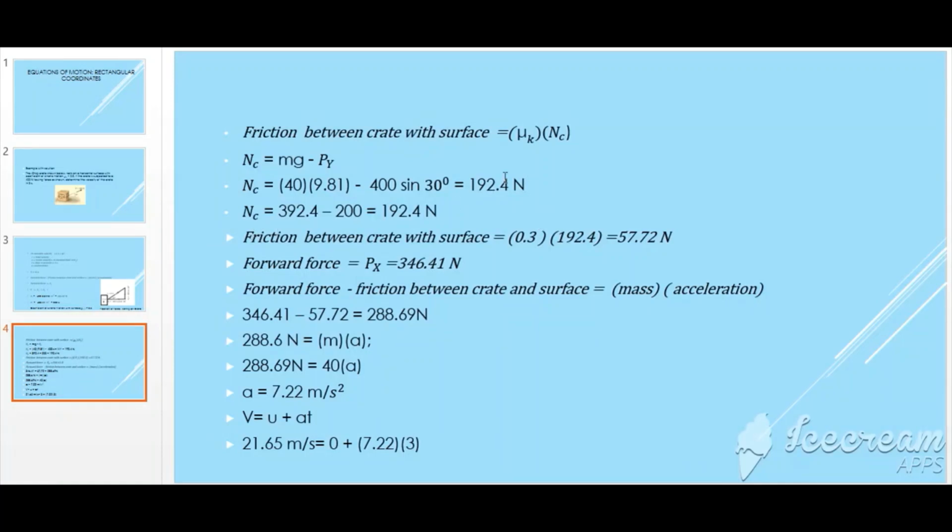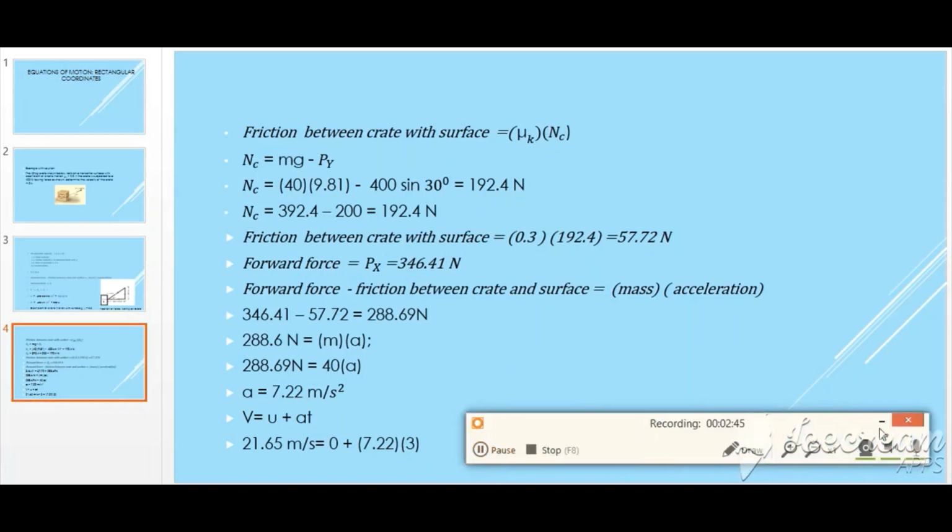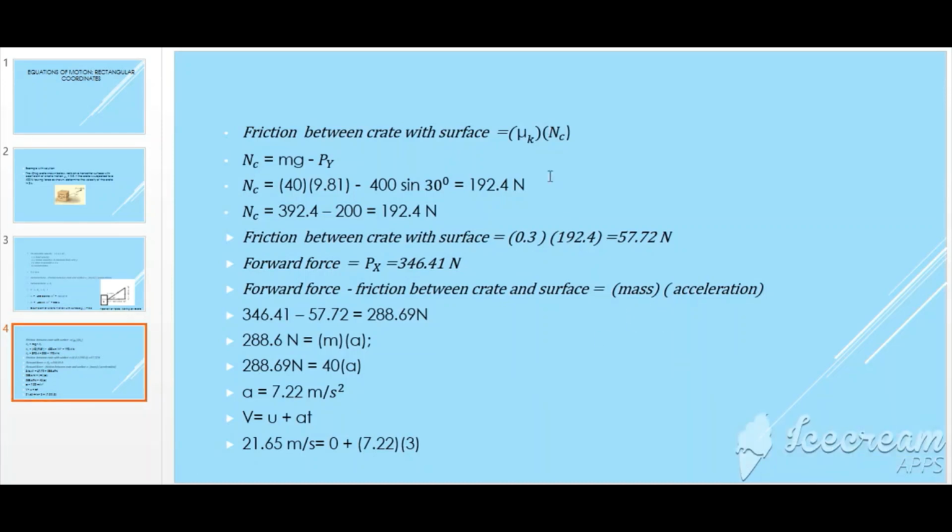Applying back to the friction formula, 0.3 times 192.4 Newton, the friction between the crate and the surface is 57.72 Newton.